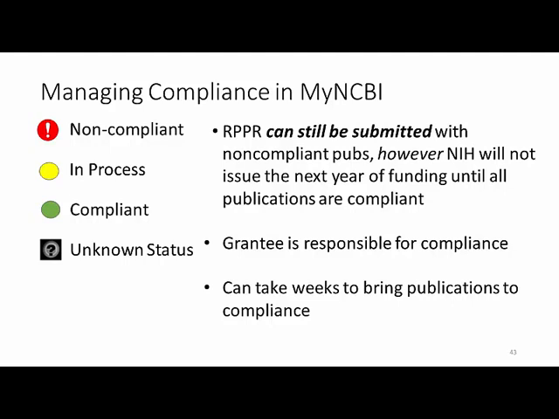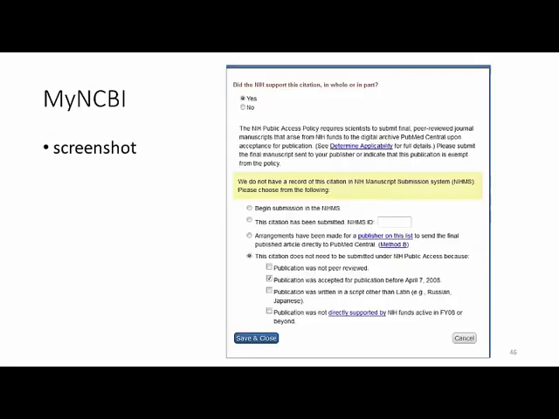It hasn't been connected with a grant. And so this would be for a specific article. You tell it, yes, it was associated with the grant, or no, it wasn't.